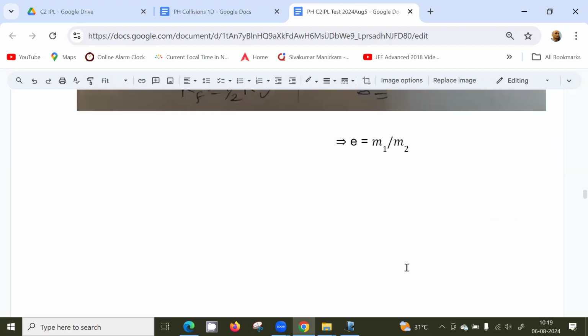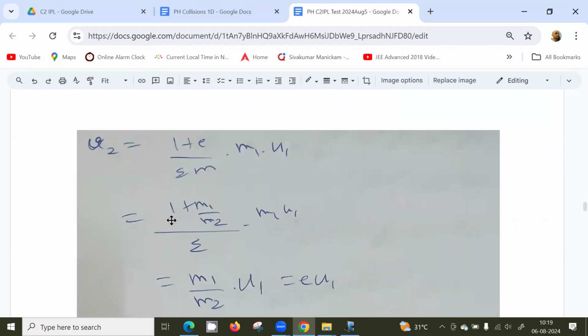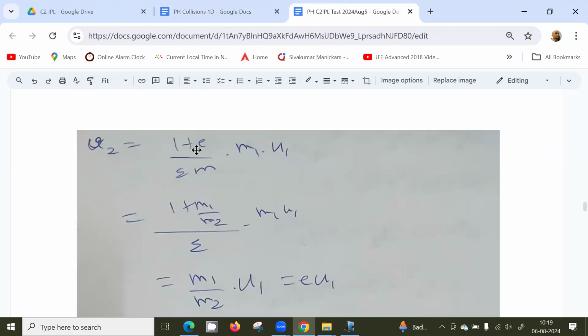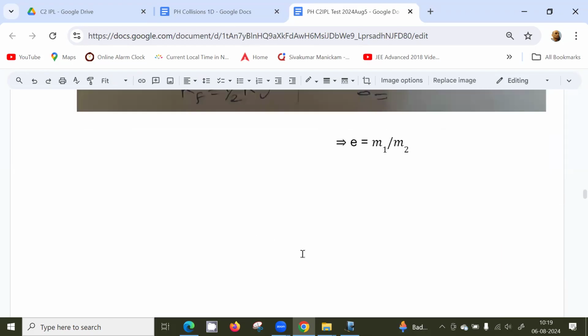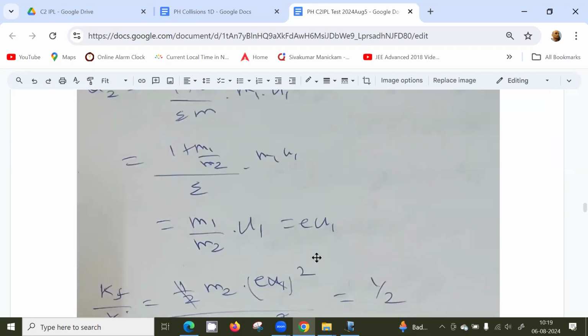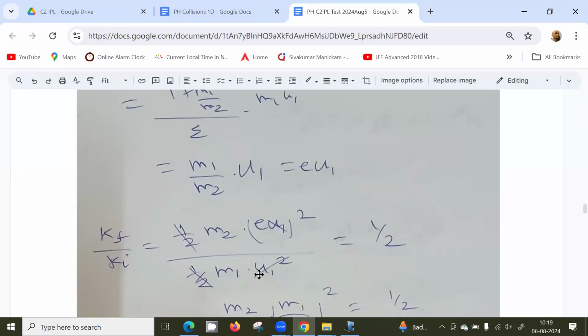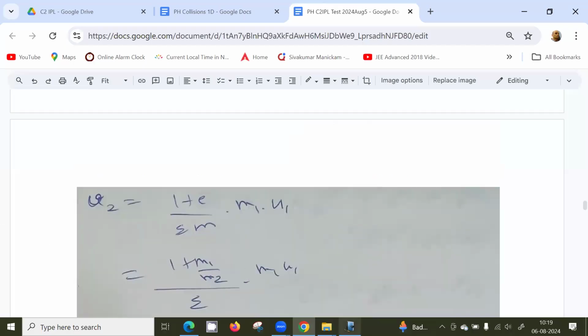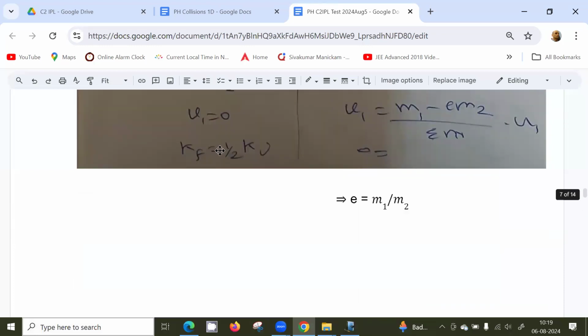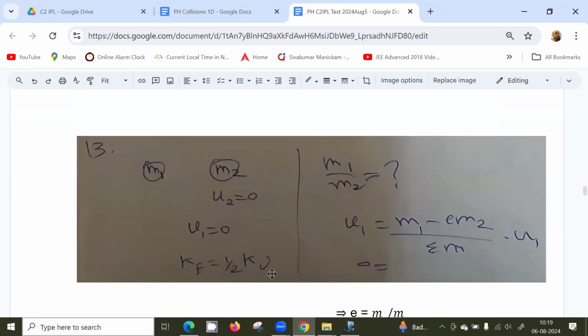Okay, and then V2 using the formula is (1 plus E) by total mass into M1 U1. And E I found as M1 by M2. If I put that, I'll get it as E times U1. So I got V2 in terms of U1. And they have given this one: final kinetic energy is half the initial kinetic energy.